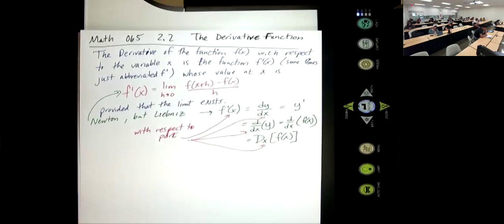The only one that doesn't show it is y prime. Y prime is the worst way of doing it, but it's the shortest way. By the time we use it a lot, most people are comfortable with y being f of x; they're just interchangeable.